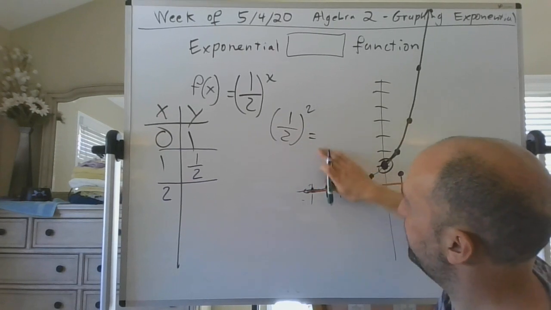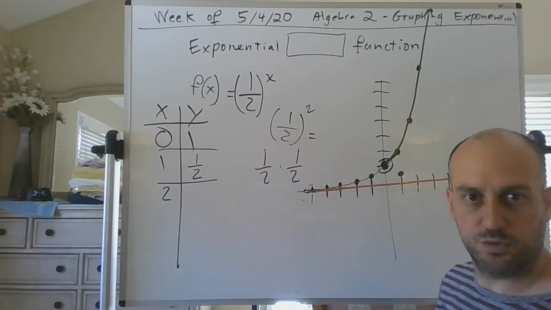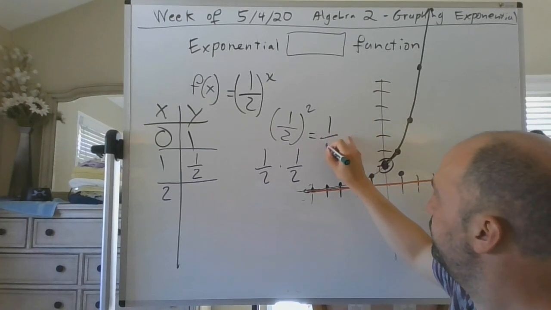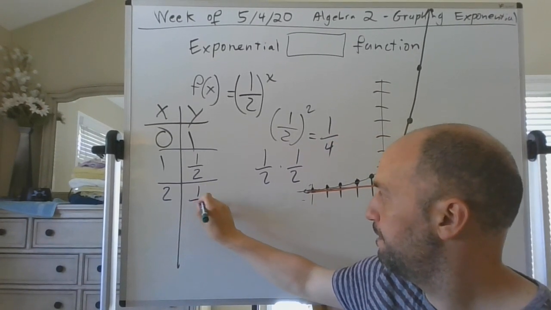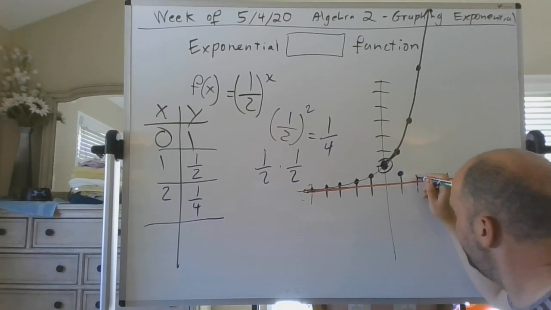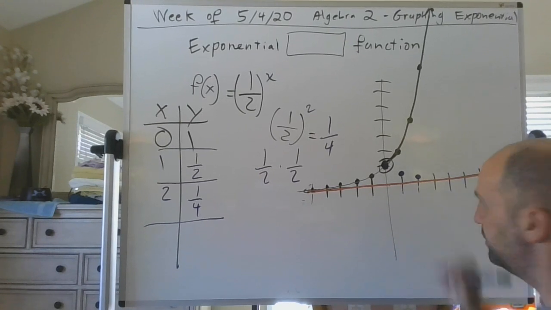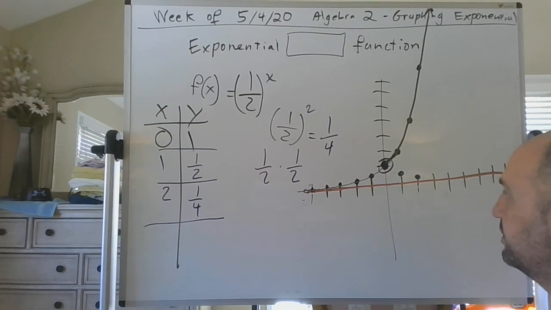Well, half to the power of 2, anything to the power of 2 means that times itself. So 1 over 2 times 1 over 2 is 1 over 4. Easy. 2 will give us 1/4. So 1/4 is like right here. Again, not perfect, but it's the best I can do.